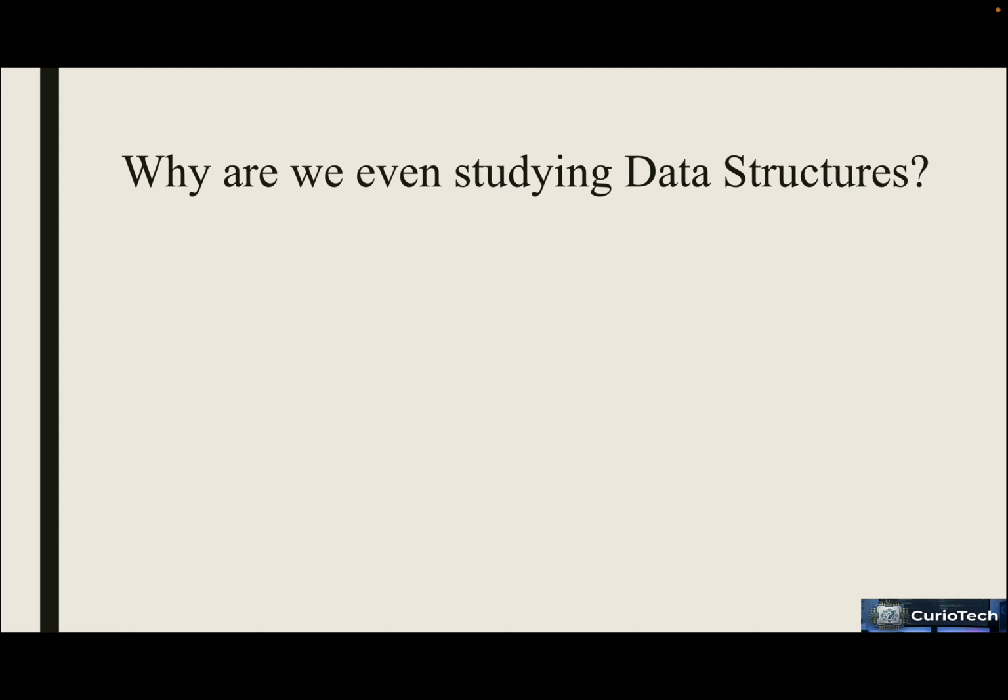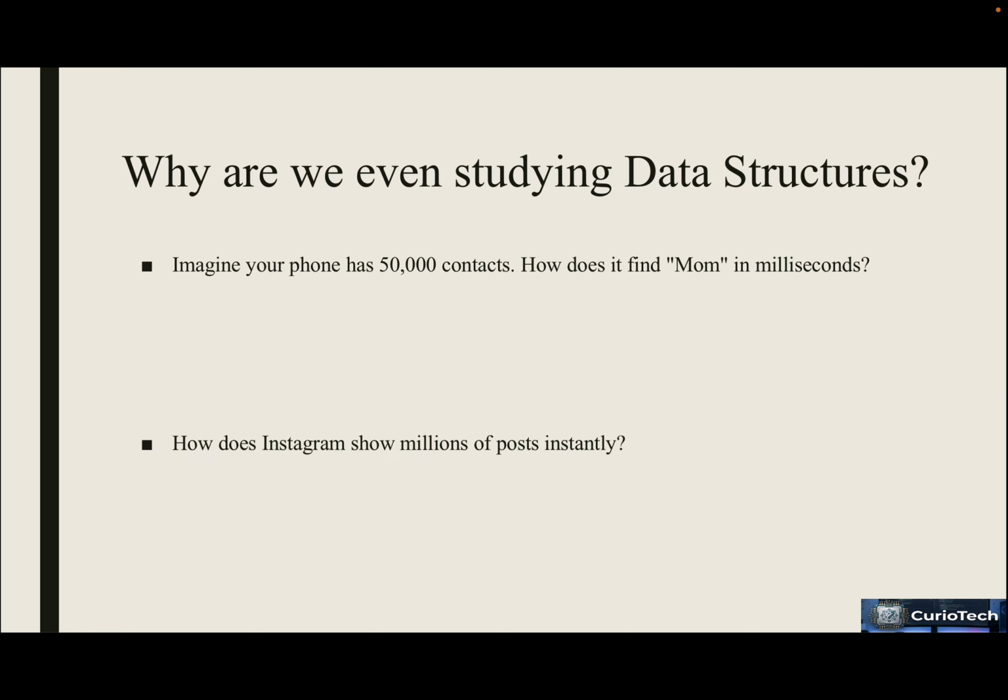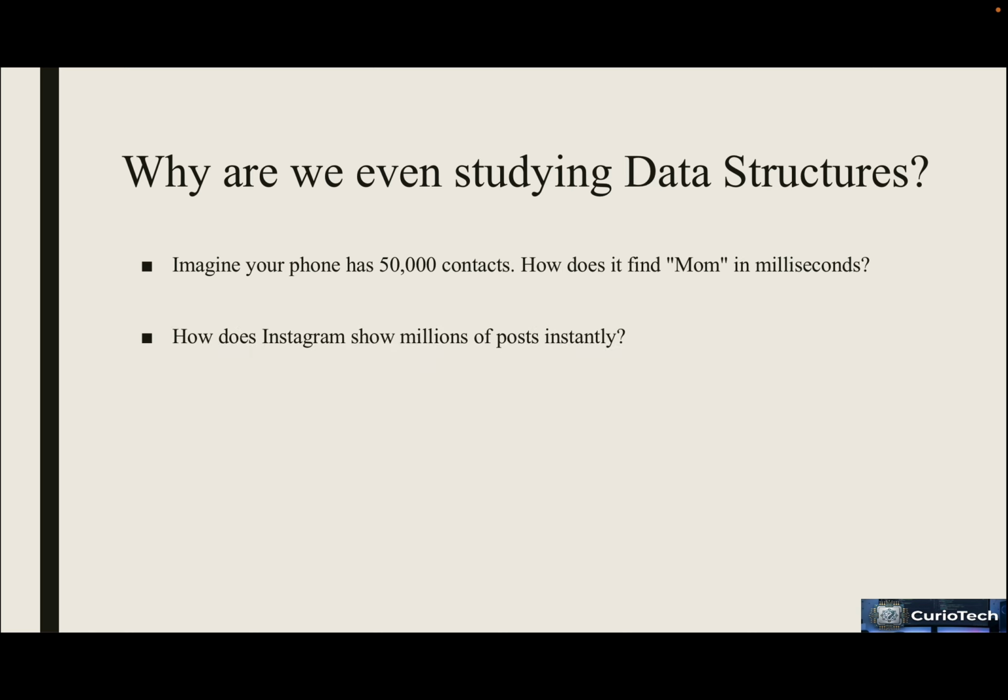Why are we even studying data structure? Let's suppose there are thousands of contacts in your phone and you need to find that one particular number and you get it in milliseconds, right? How does Instagram show millions of posts instantly? And this does not only include Instagram, it can be any social app, that could be Facebook, that could be LinkedIn, right?